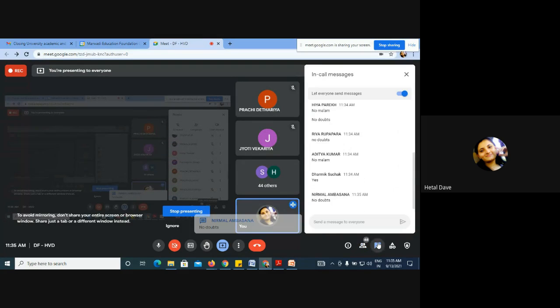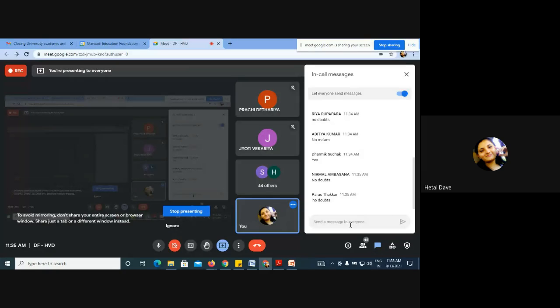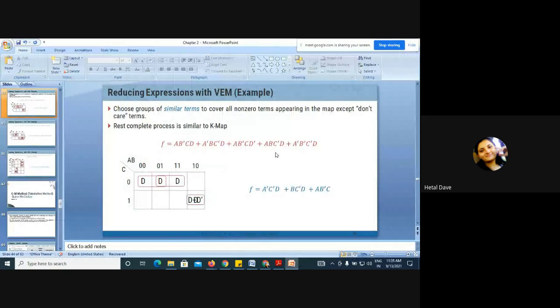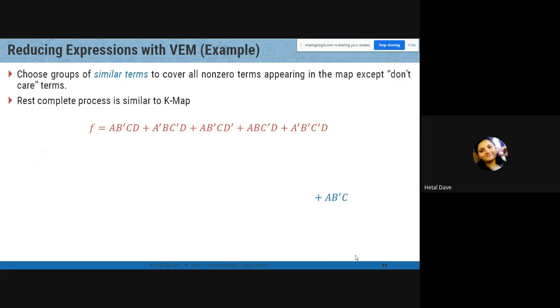Okay, so just solve it out. Thank you everyone for your reply. So you will solve this given equation in your book. The equation is kept in front of you.